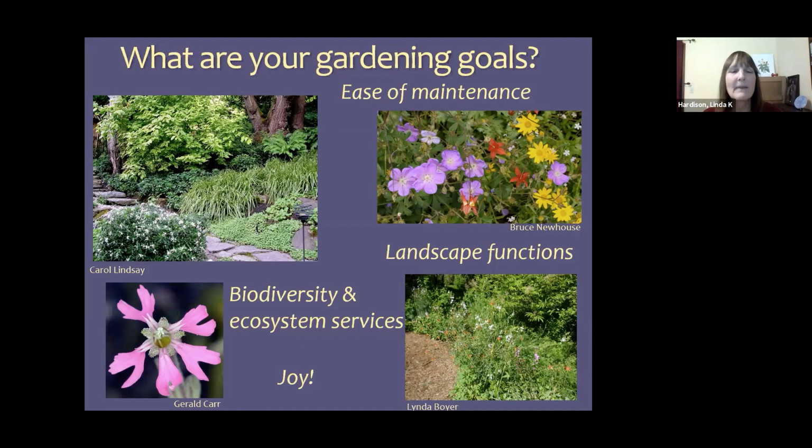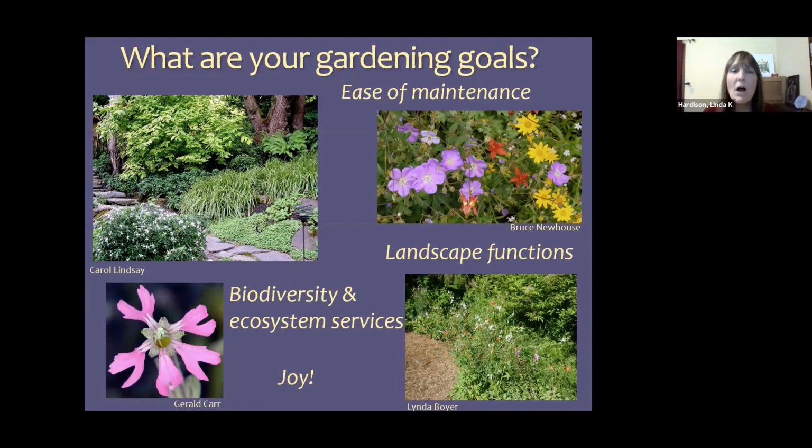So again, it can be anything from being set it up and let it take care of itself, to finding the right plant that's going to be tough and hardy and come back year after year when your pets and your kids are running all over it, or just knowing that you're supporting pollinators and helping native songbirds, or just the joy of trying new things and gathering seeds perhaps and seeing what happens to them.